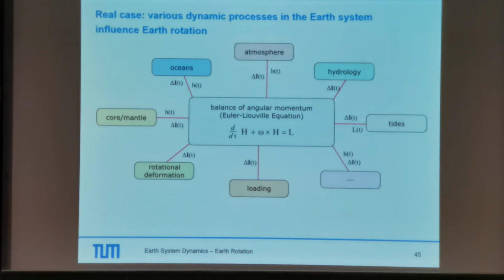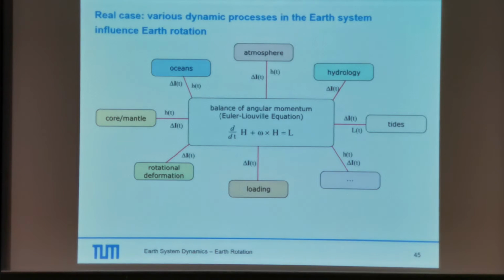And now we come to the last slide of this part. Now the real case: various dynamic processes in the Earth system influence the Earth rotation. We have the balance of the angular momentum, the Euler-Liouville equation in the middle. And now we can study, for example, variations in the ocean.